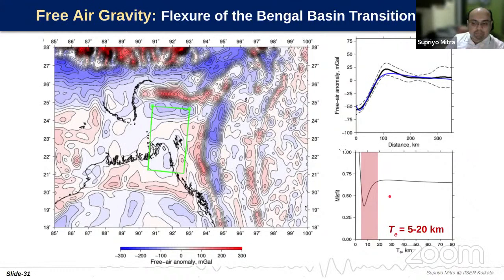Yeah, but it's kind of lower than that. That is what I meant. So that puts an upper bound on the TE. The TE is most probably lower than 20 kilometers. And also you see from the TS, that's about 20 kilometers. So yes, definitely it's lower than 20. Right. Okay. Thank you.